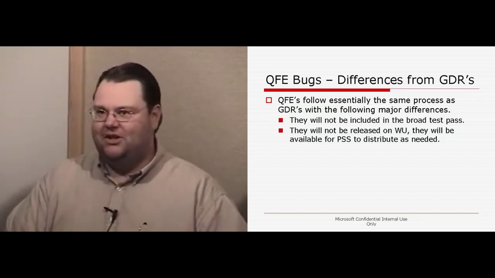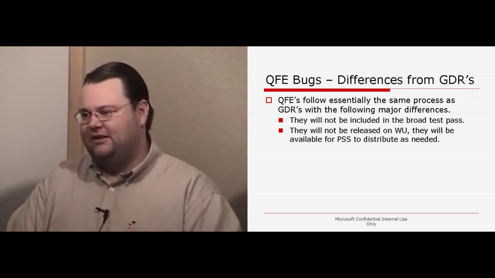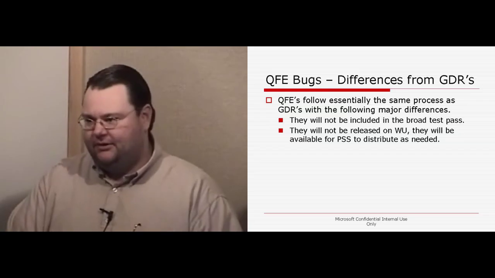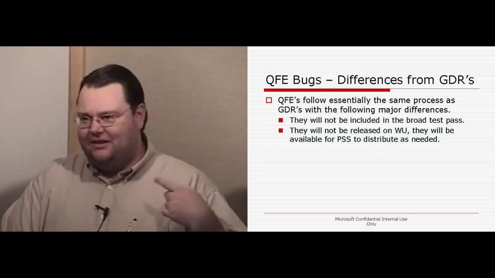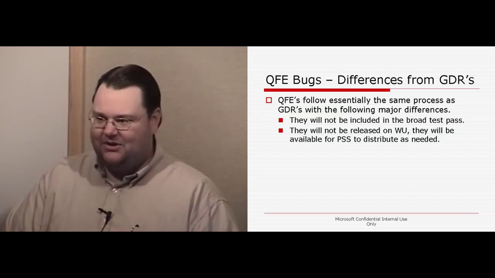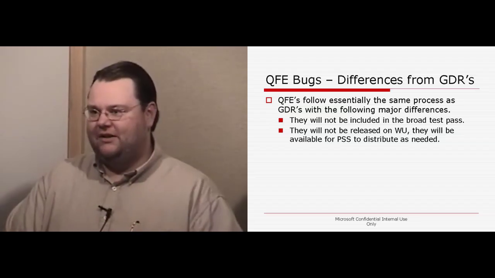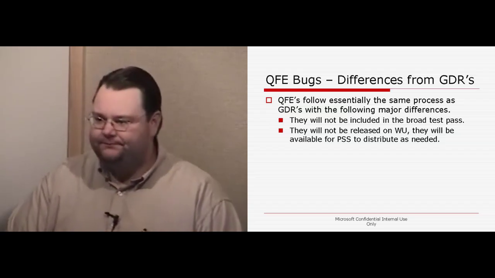That situation would be if we put out a QFE that installed on SP4, but we didn't put that fix into the SP5 branch. By design, that should never happen. It has the possibility of happening accidentally, which is why it's so important to also verify that the fix got into the service pack as well as in the QFE before you close the bug.